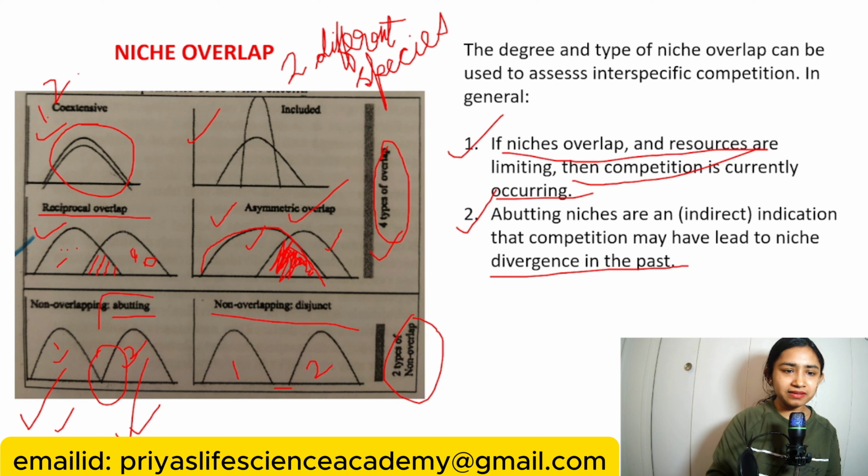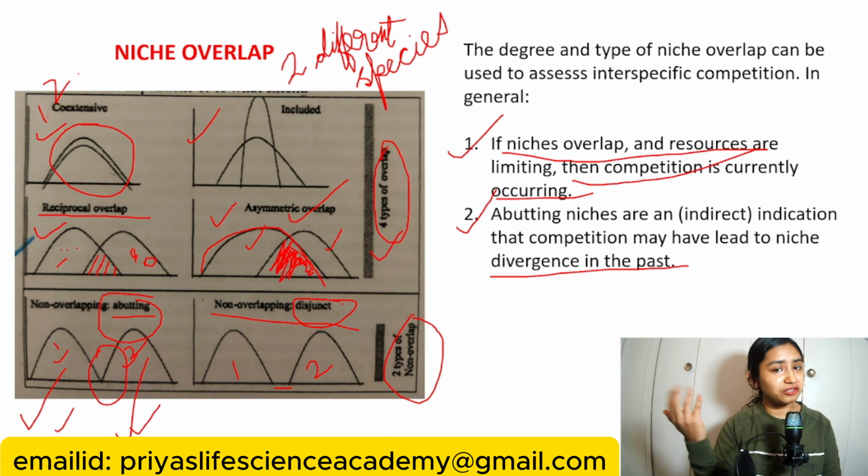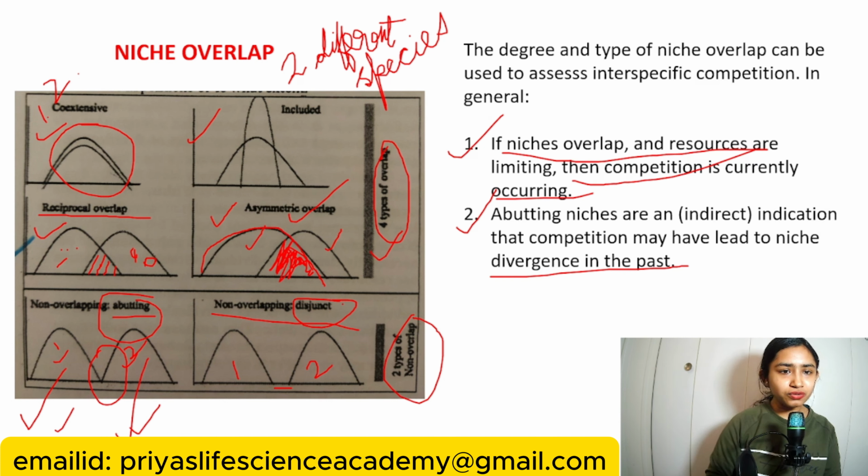One is abutting adjacent niche and one is disjunct, like there is a gap between them. So maybe in the near past their niches were overlapped and there was competition and may have led to niche divergence. Okay, so I hope you understood what is niche overlap and the kinds of niche overlap and non-overlap.